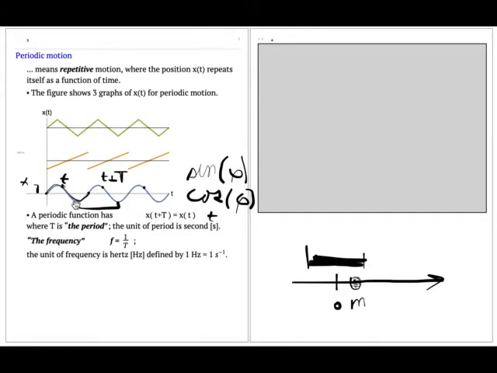It goes from negative A up to positive A and back down to negative A. Or just as well, you could say from one crest to the next crest. So it starts at A, goes down to minus A, back up to plus A. You can see from the picture, if it's a periodic function, then the time from crest to crest is the same as the time from trough to trough, or from node to the second node.